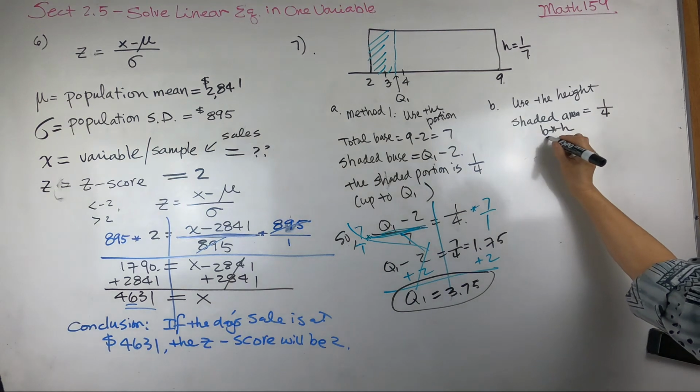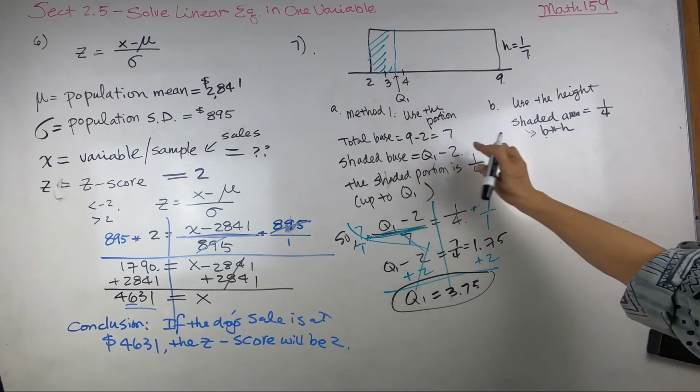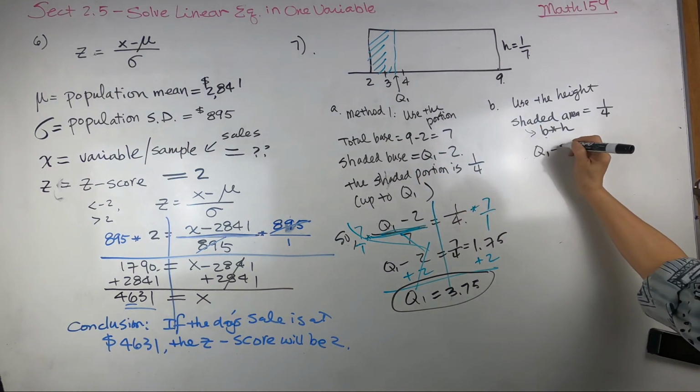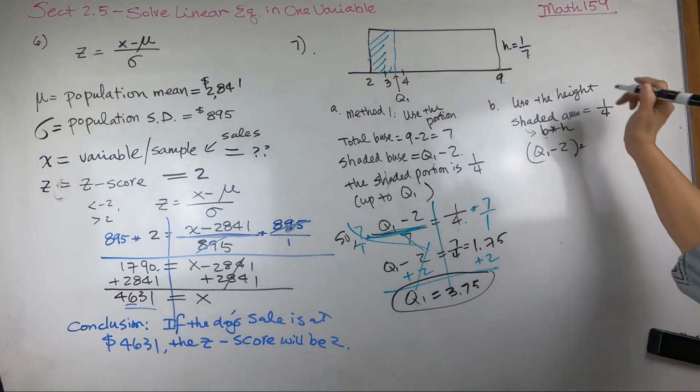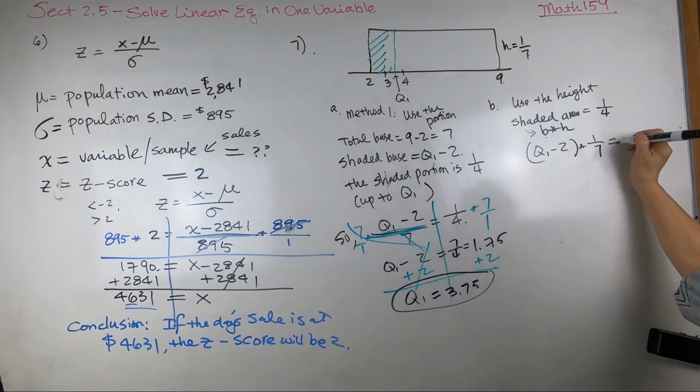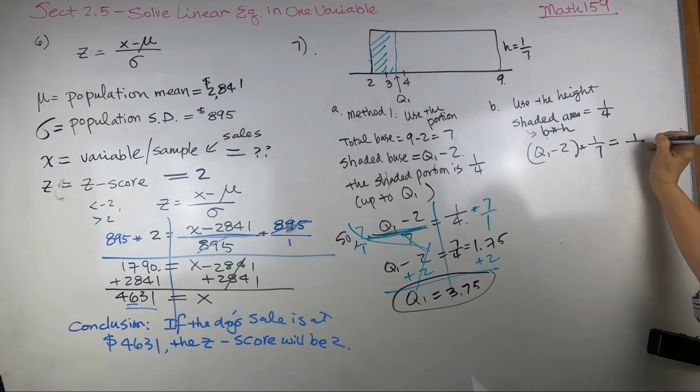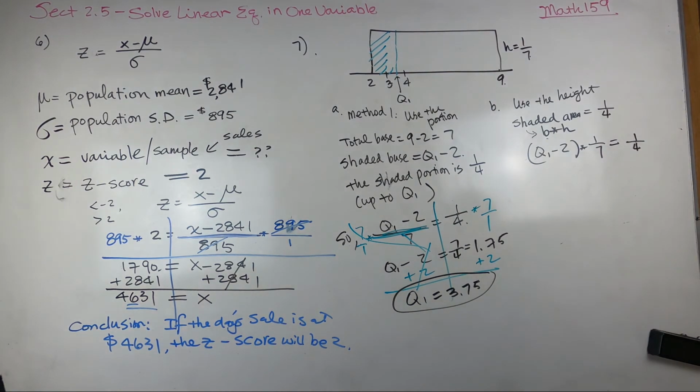So what's the base for the shaded area? The shaded area base is Q1 minus 2, right? Then times your height. The height is 1/7. Then that equals the whole area, which is 1/4. Then, do we have a linear equation here? Yes.